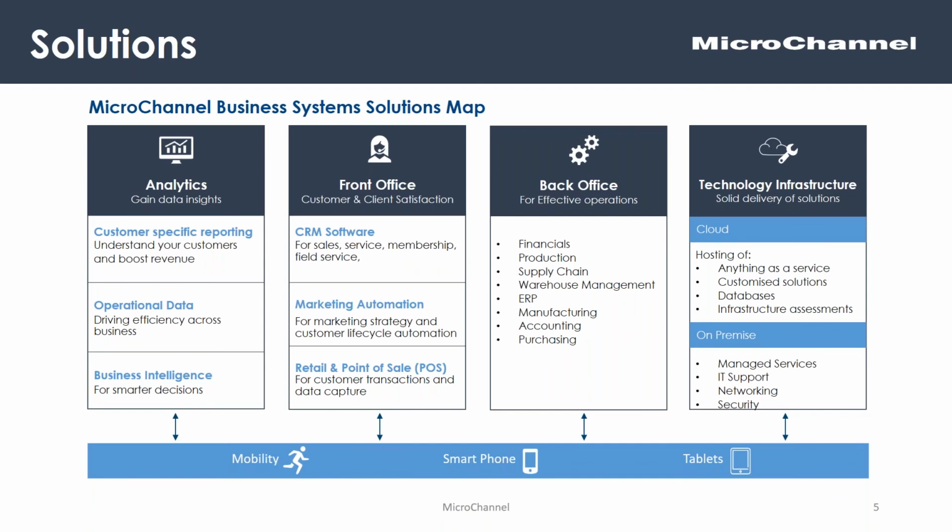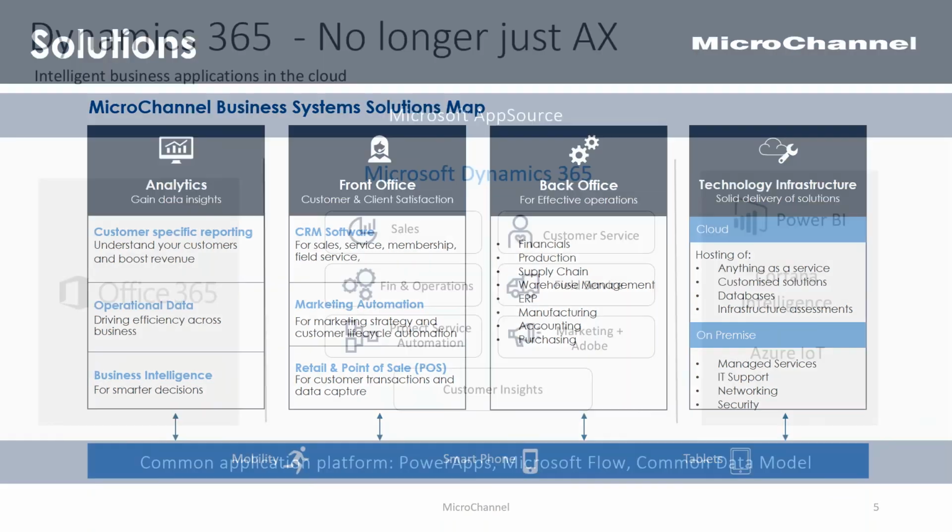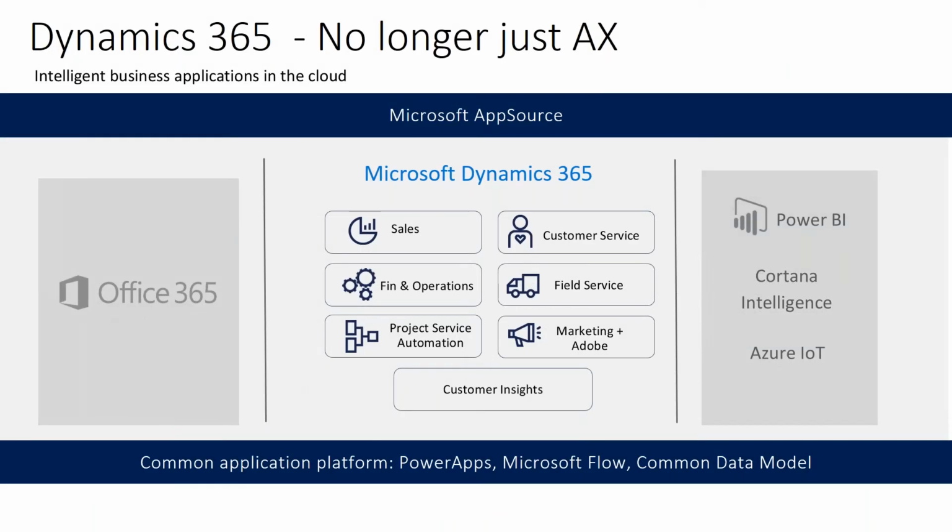We have our back office team, which you can think of as AX or D365 Finance and Operations, and we also have a warehouse management team. And supporting all the above, we also have a technology division which looks into hosting, everything from Office 365 to single sign-on. And the reason I showed that slide there is it actually maps very well with Dynamics 365.